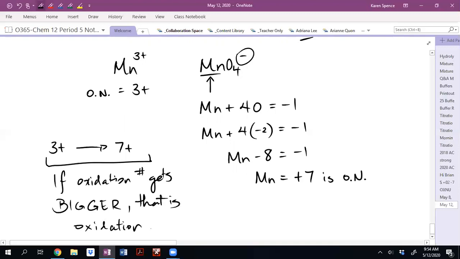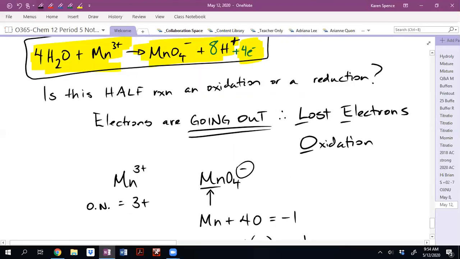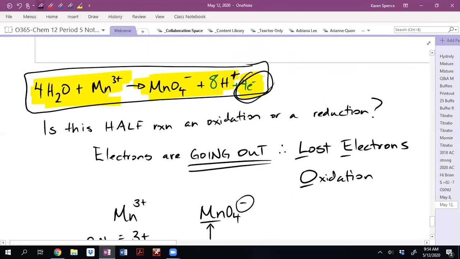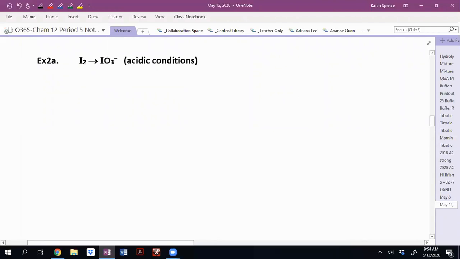So you can choose which way to look at it, but if you have already balanced the half reaction, it's kind of nice just to be able to go, oh, look, the electrons came out, it lost electrons. And therefore, it is an oxidation. Losing electrons is oxidation.